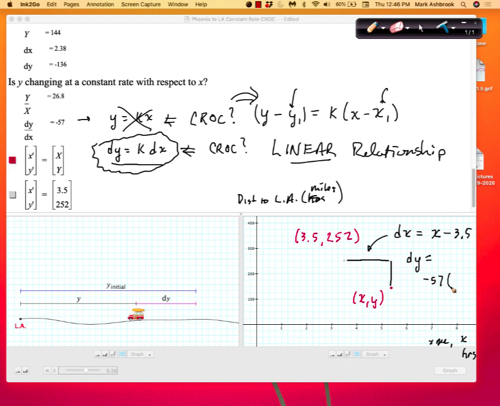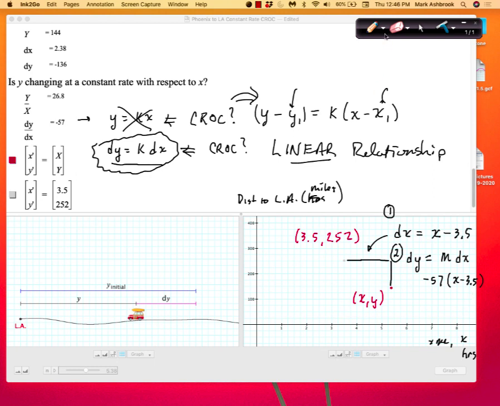And what was our dx? What came first? Define dx. The independent variable comes first, so we have a change in x, any final time minus our starting initial time, x minus 3.5. Second, we get dy, but we use constant rate of change. So dy equals m dx, which is negative 57 times x minus 3.5.